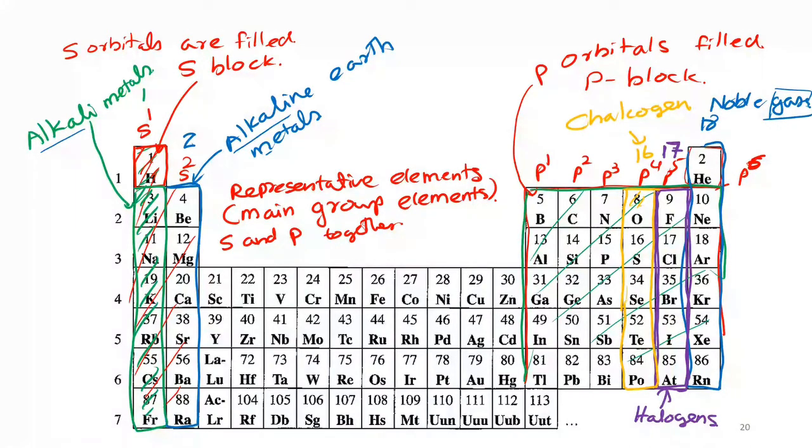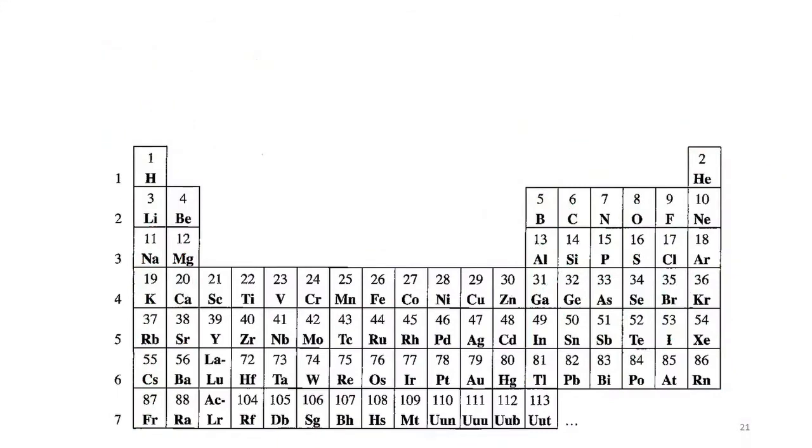Now, in addition to this S and P block, there are more blocks. Now we are going to look into that. There is something we call the D block, or the transition metals. Again, the word says it.